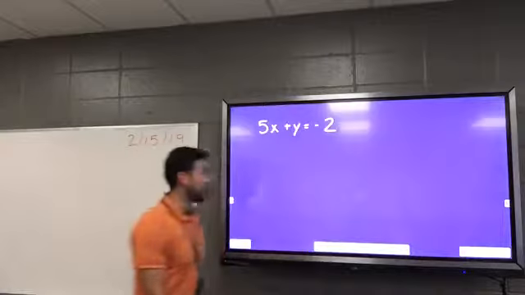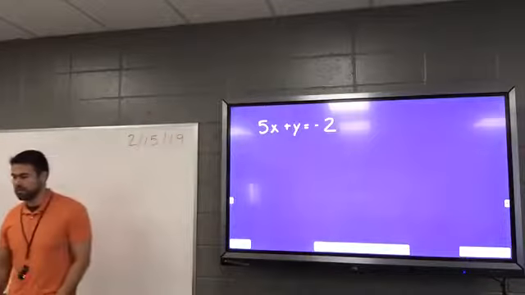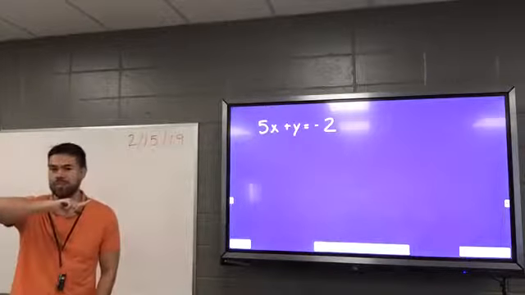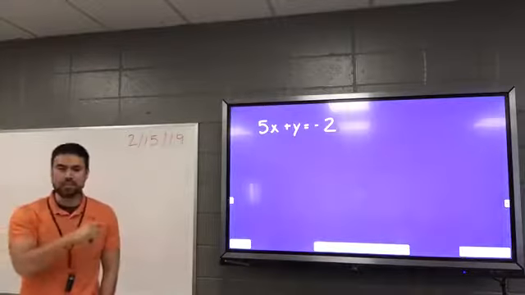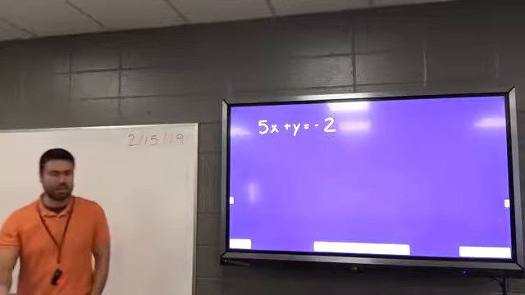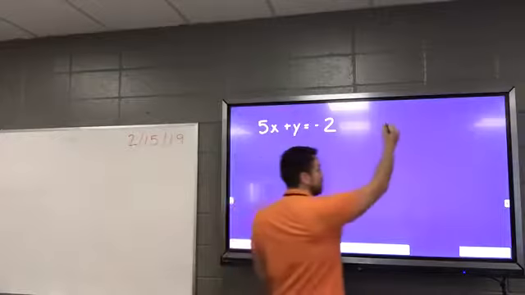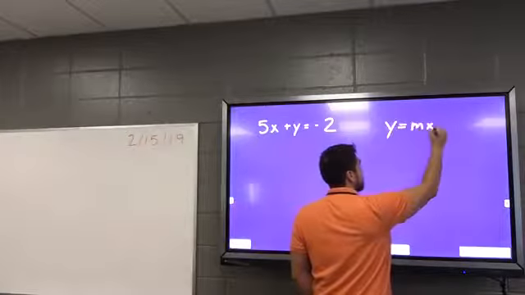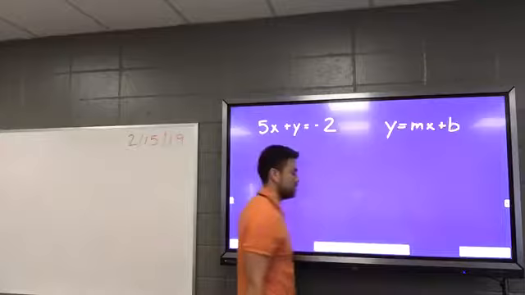But I want you to get this into slope-intercept form. Is that in standard form? Yes. Get it in slope-intercept form. I want it in y equals mx plus b. This is the format I want. So please go ahead and do it.